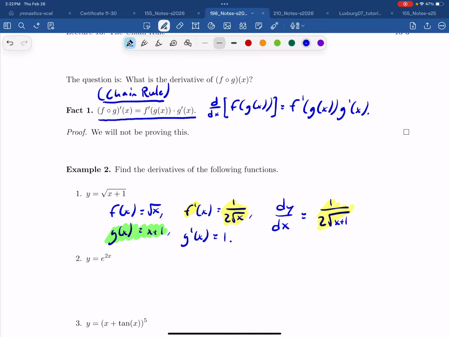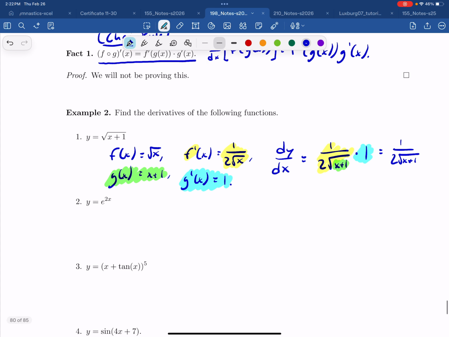See how I just plugged that in? Times g prime of x. And we can clean that up a little bit, right? 1 over 2 root x plus 1. So actually our guess was correct. It did wind up equaling this.